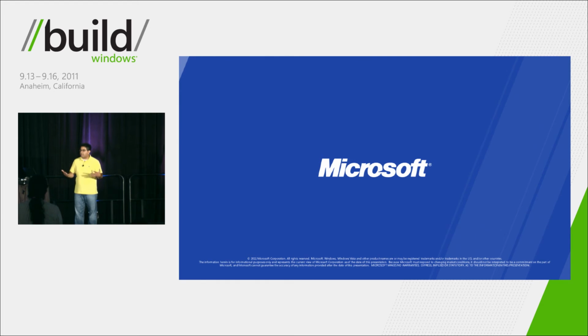But the API, there's one API for getting at hardware accelerated graphics in MetroStyle, and we expect you to be able to write an app and have it run pretty ubiquitously. There's a talk later on this week about how you scale your rendering content across a broad set of devices, and there's more information to hear about there.